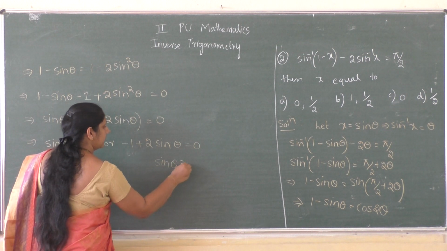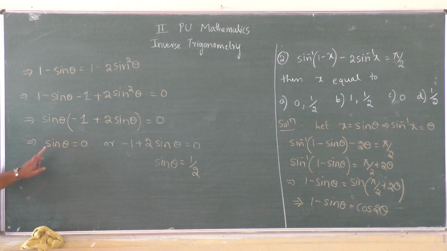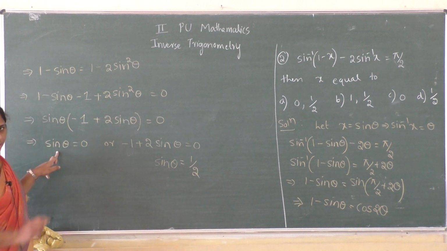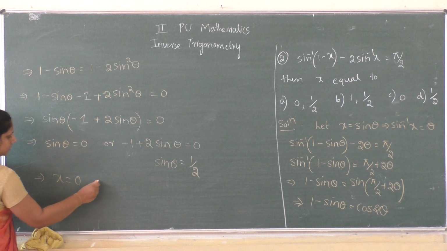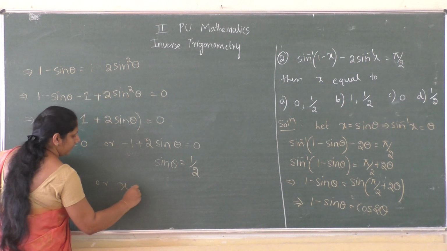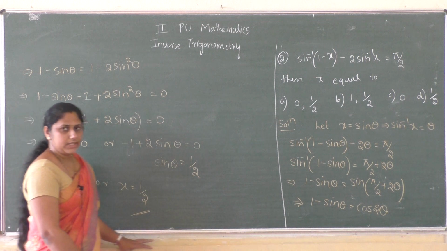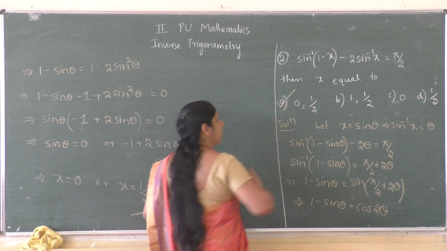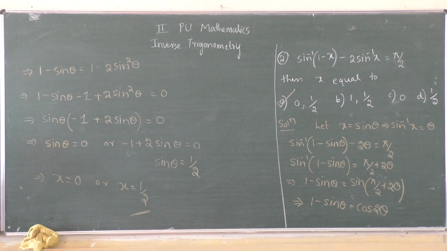Minus 1 here, it becomes plus, so sine theta equal to half. But what is sine theta? It is the value of x, right? From this, either x equal to 0 or x equal to 1 by 2. Therefore, which is the correct answer? Option A, that is 0, 1 by 2. Just here you have to take x equal to sine theta.